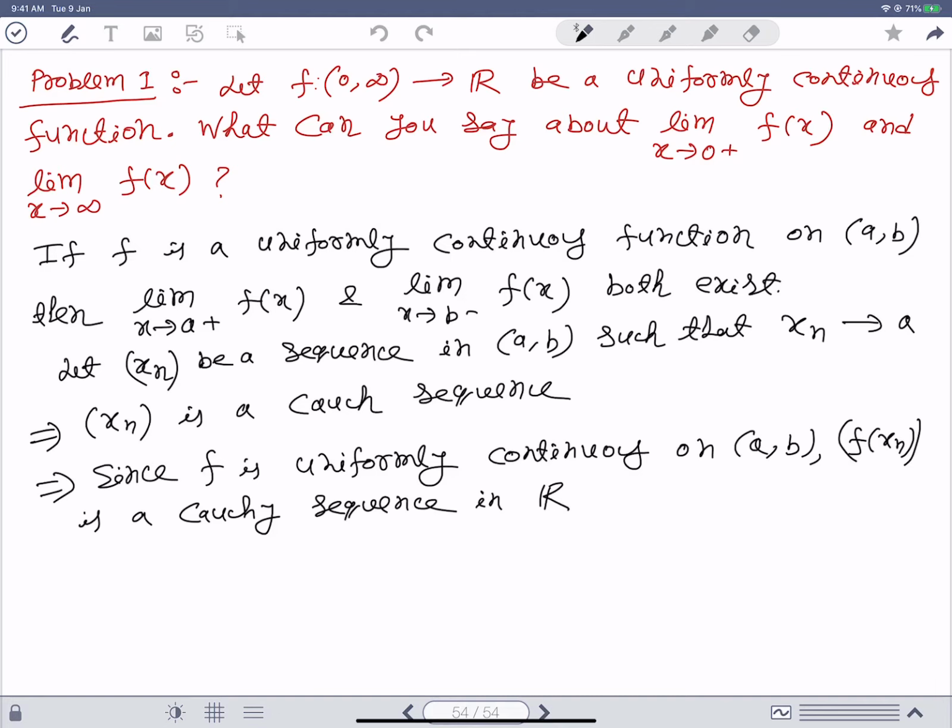Now since R is complete, every Cauchy sequence is convergent, therefore the sequence f(xn) is convergent.